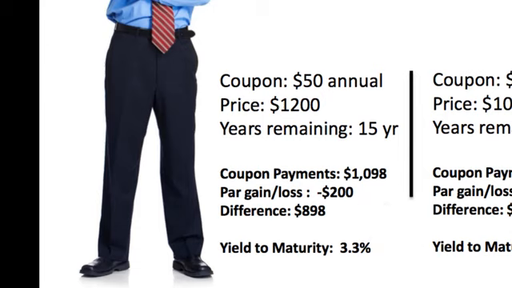So that $200 comes right off the top of his coupon payments for a difference of $898. So if he buys this bond at that price and holds it clear to maturity, he's going to make $898. As we look to the yield to maturity, that yield would actually be 3.3% for that purchase price, which is significantly lower than the 5% coupon that you might think when you look at it from a simple interest and coupon yield perspective.